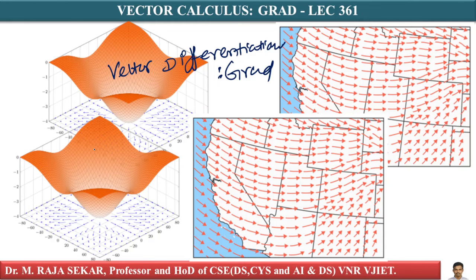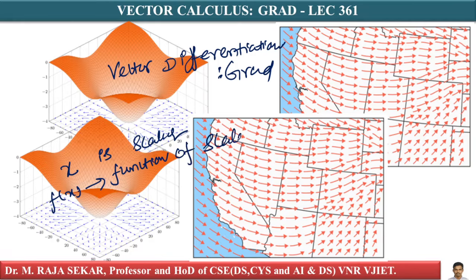Till now, we assumed that our x is scalar. That's what we assumed, isn't it? Remember, our f of x is a function of scalars. Now, what if x is a vector?